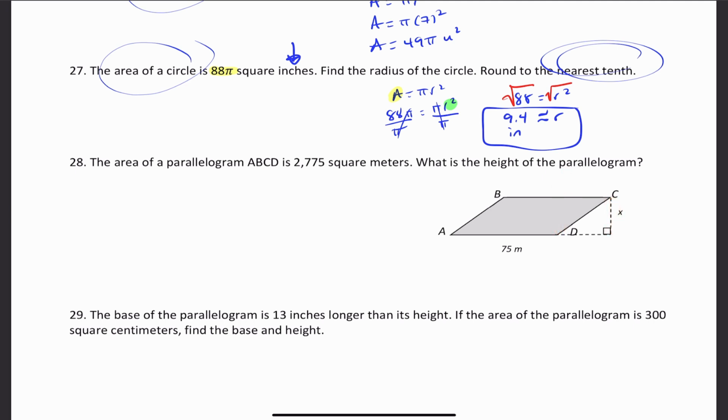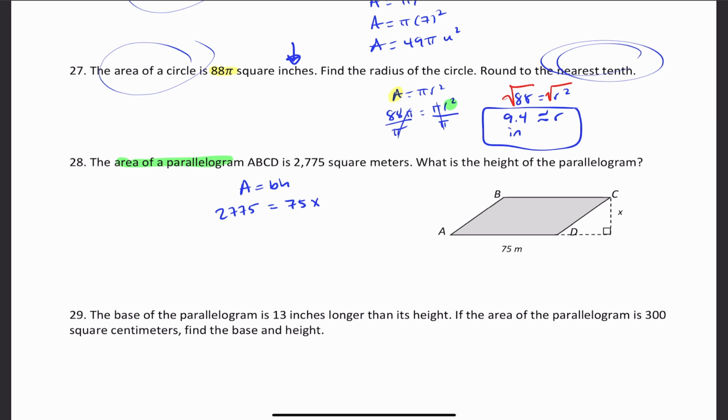So we know that the area of a parallelogram is base times the height. And the area is given, which is 2,775. Which is equal to, well, we have the base, which is 75, and the height will always be perpendicular to the base, right? So we know that this is the height, that's the height, and it's perpendicular to the base, so that is going to be x.